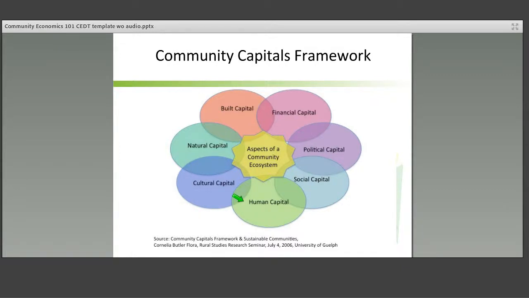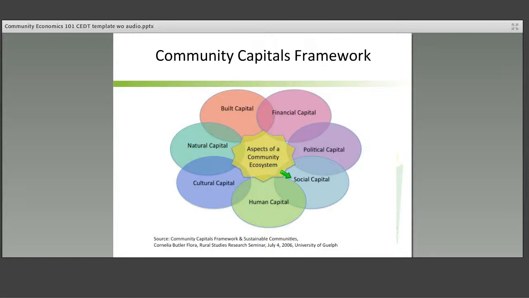I think a farmer that knows their land and how to work and sustain that land has human capital as much as somebody with a PhD. And so we need to make sure that we recognize those other forms of human capital that are present in the local economy and develop them.